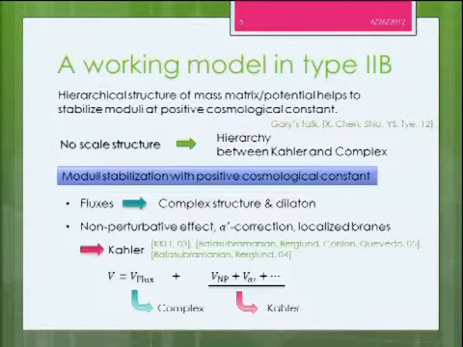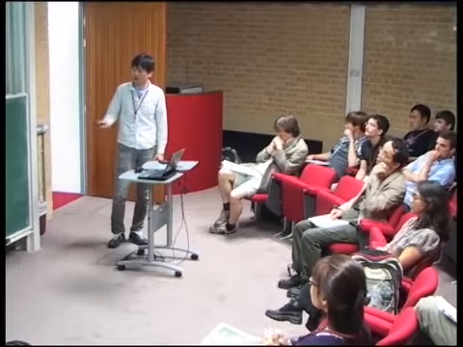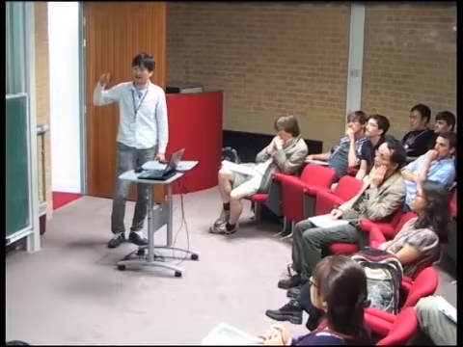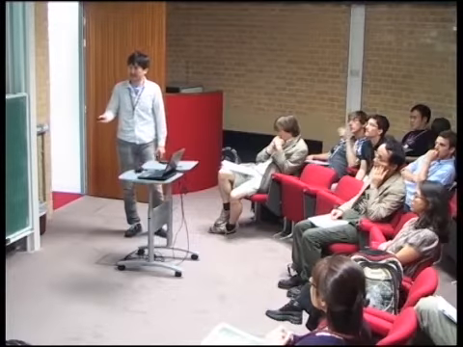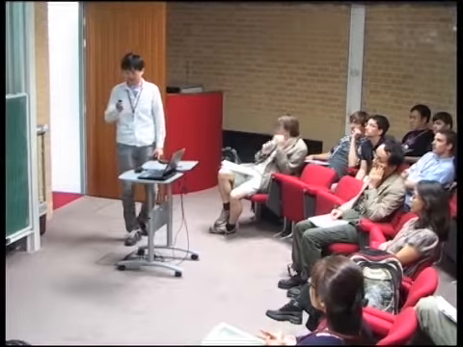Other corrections, including non-perturbative effects and alpha prime corrections, and also some localized sources, can contribute to the stabilization of the Kähler moduli. We may divide the potential in this way: the first term stabilizes the complex structure moduli at a high energy scale, while the remaining terms stabilize the Kähler moduli at a slightly lower scale.